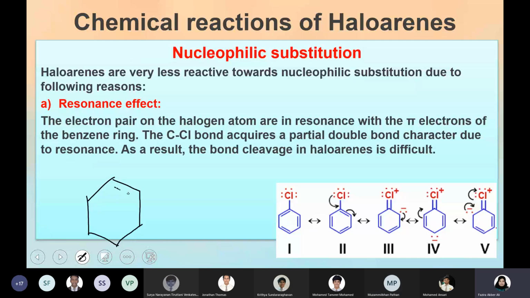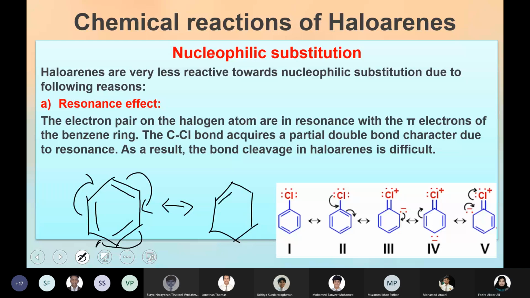We know that the double bonds are in alternate positions, right? The resonance means the position of the double bond changes. In the next moment, the benzene ring will look like this. They are identical, but the position is shifting.